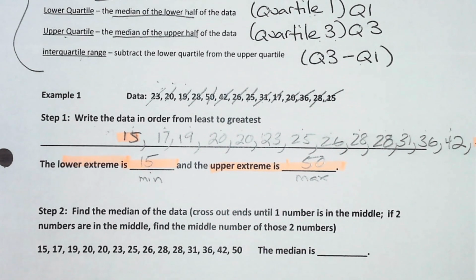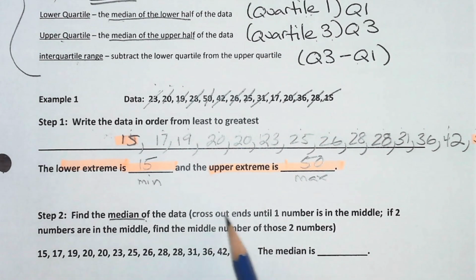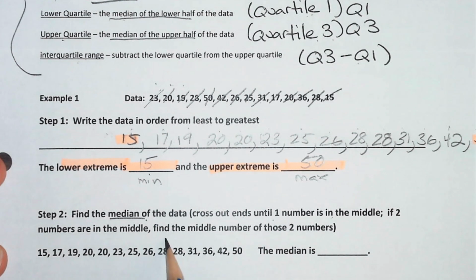So now we want to find the median. We want to find the middle. So we cross out the ends until there's one left in the middle. If there's two, we average them.